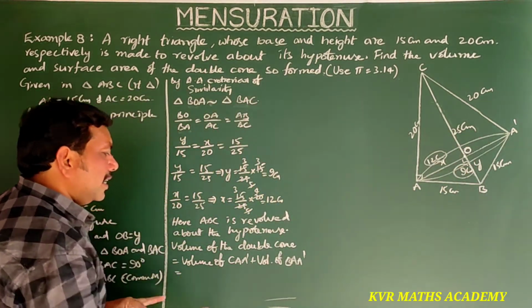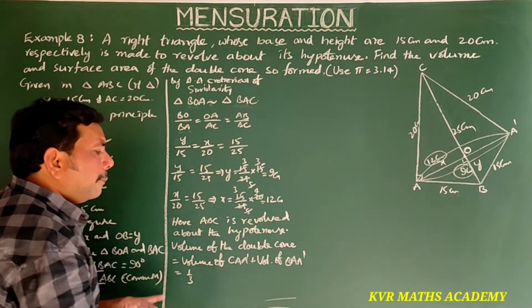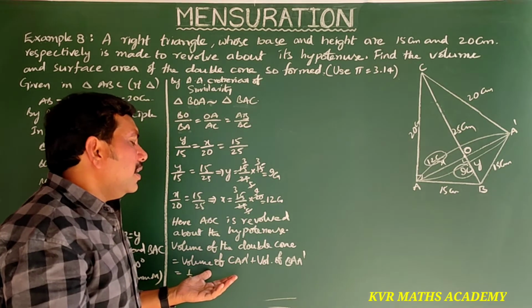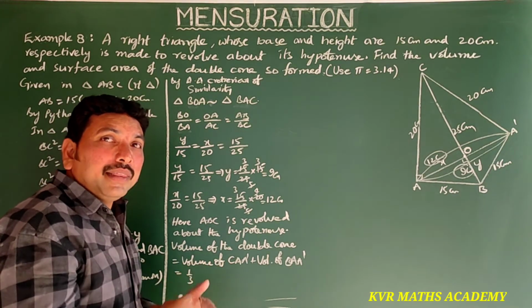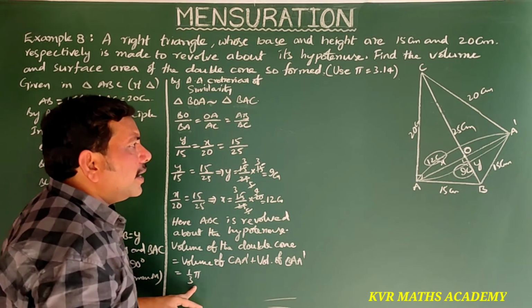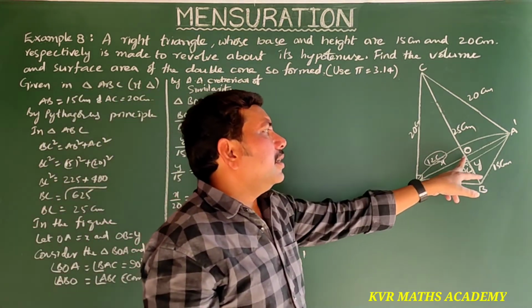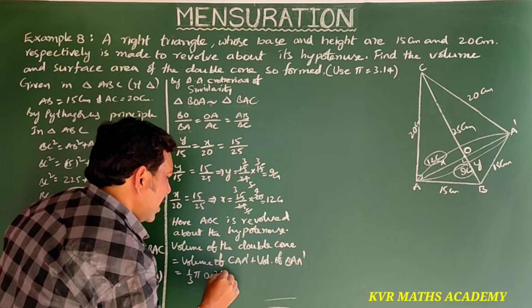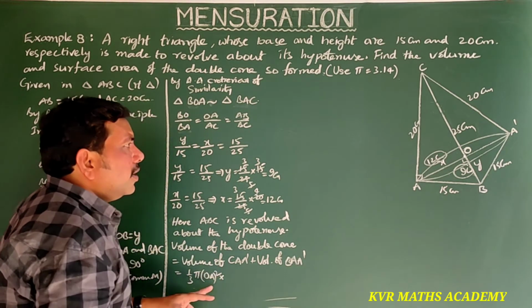Volume of CAA dash is equal to 1/3 pi r square h. What is the volume of the cone? 1/3 pi r square h, right? So 1/3 pi into, here radius is OA, so r square means OA square, into height.